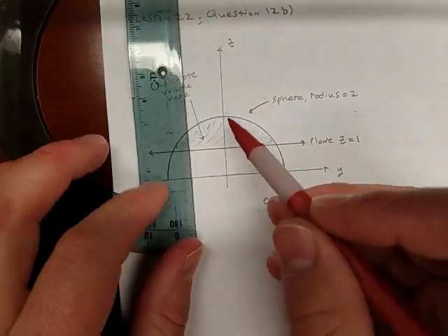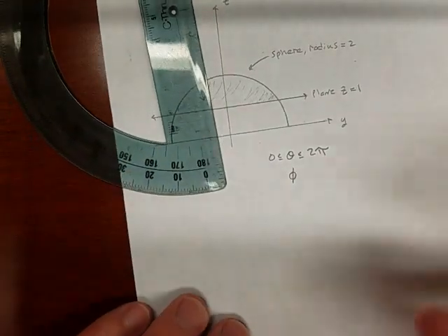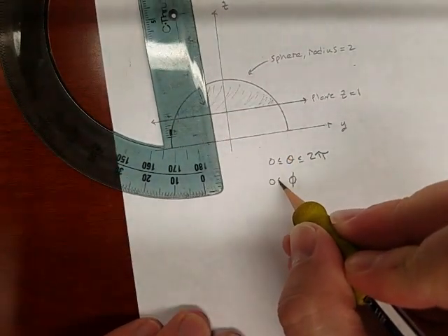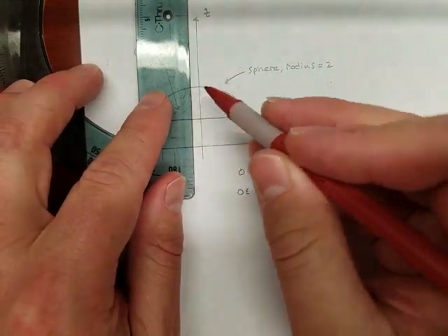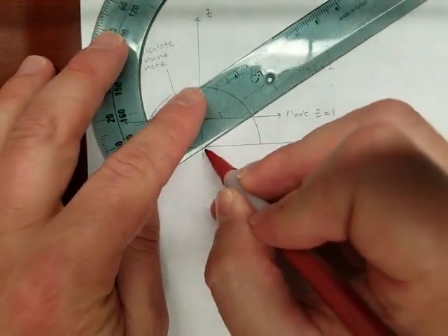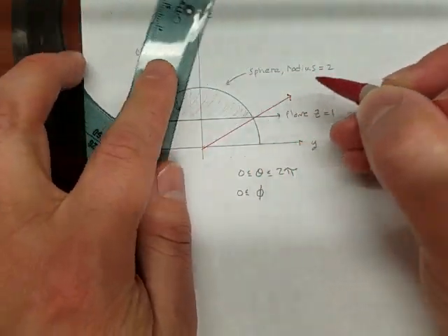To be in this region that I shaded, phi could obviously be 0, but I can't rotate any further than that right there.